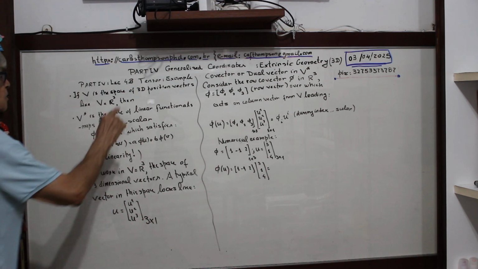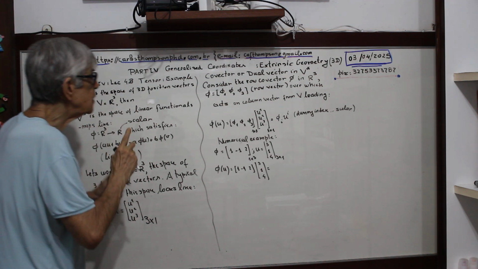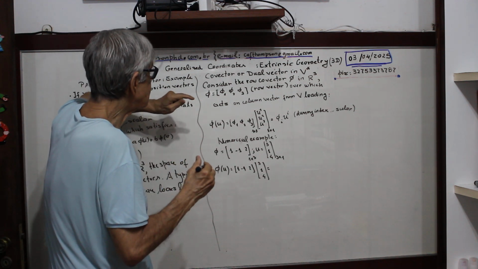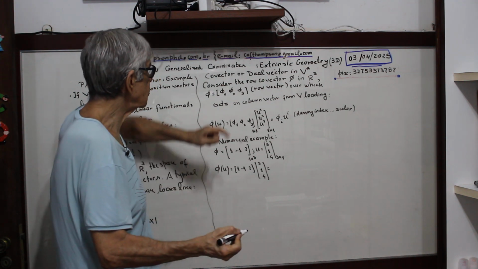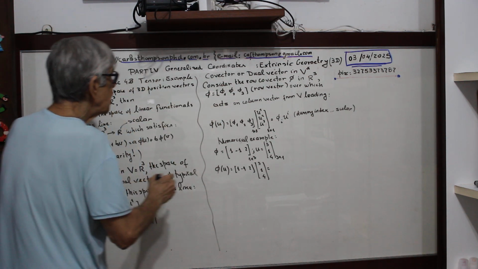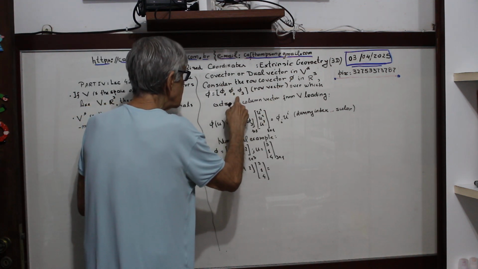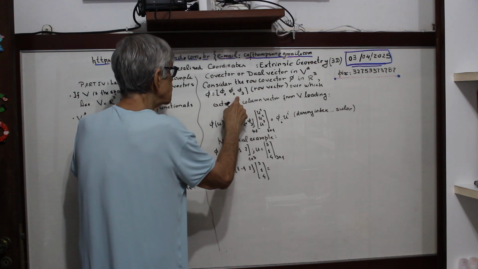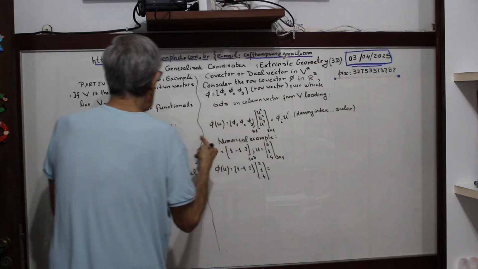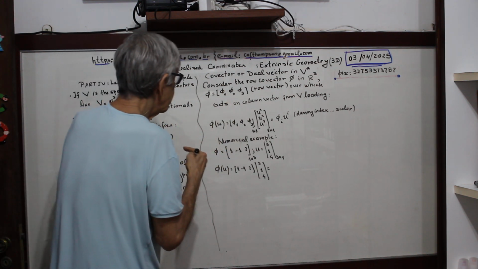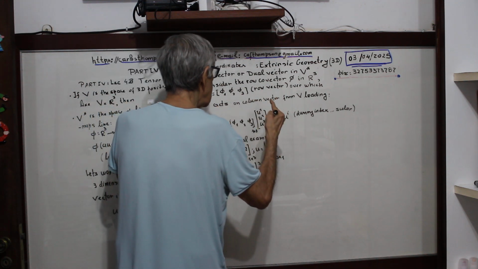Now let's consider a covector or dual vector, phi. In R3, the components of these covectors or dual vectors are phi1, phi2, and phi3, because we are working in R3. Now, this is a row vector. Why is it a row vector?